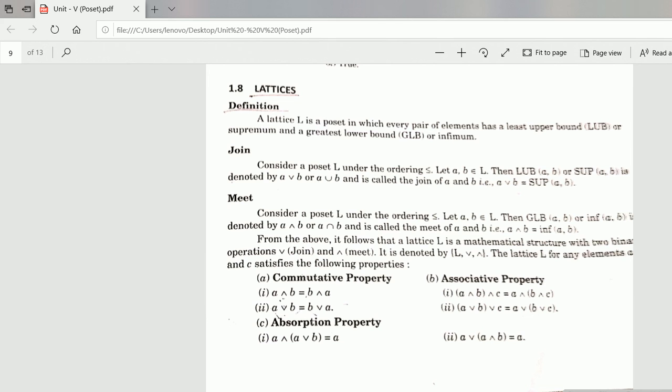The lattice L, for any elements A, B and C, satisfies the following properties: commutative property, associative property, and absorption property.